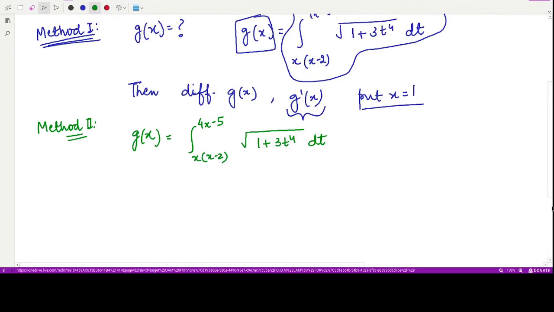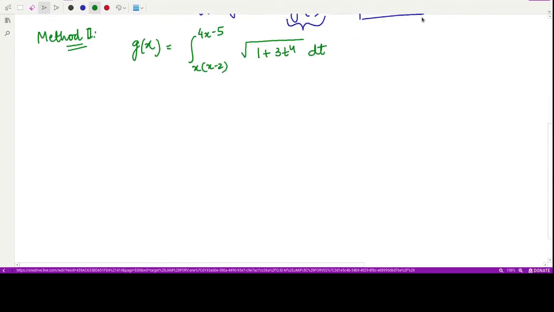In this method we are required to calculate g dash of 1. We have a direct method where we perform the differentiation of some integral function.